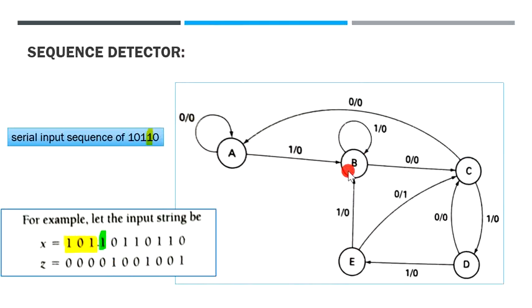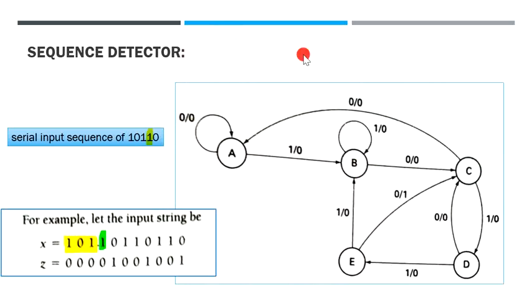So if you are in E and you get a logic 0, then you need to move towards state C. If you get a logic 1, then the machine will change its state to B, indicating that you have received the first 1 of a new string correctly.